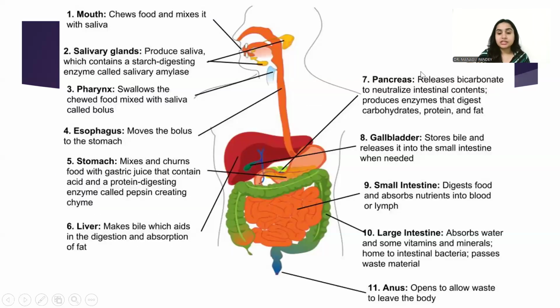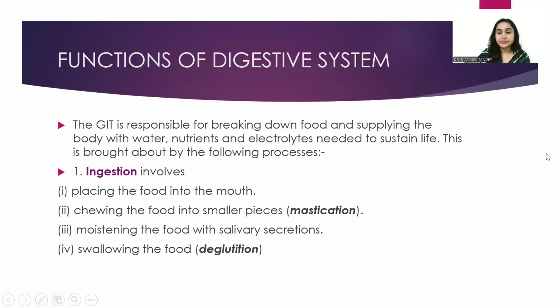The small intestine digests the food and absorbs nutrients into blood or lymph. The large intestine absorbs the water and some vitamins and minerals, and it is also the home to intestinal bacteria, and it helps in passing the waste material outside our body. The anus opens to allow waste to leave the body in the process of defecation.